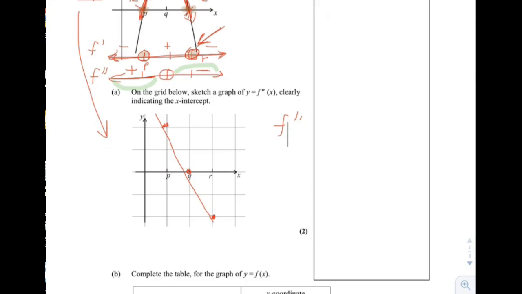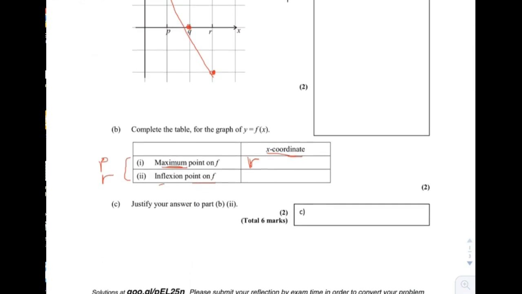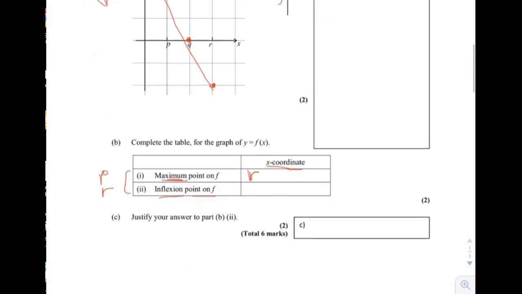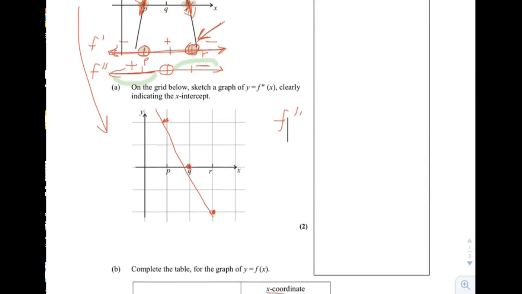Okay. Then it says, which is an inflection point. Well, it's not P or R because both of these are at concave up or down places. To have an inflection point, it needs to be concavity 0, which is here, right? So what point is this? Remember, this is Q. So at Q, there is an inflection point because the concavity is 0.